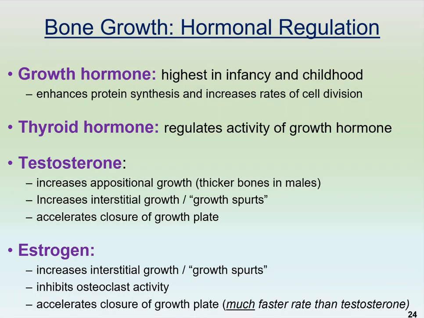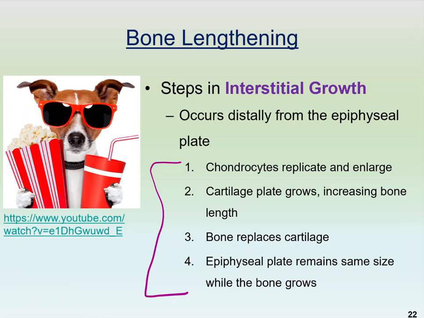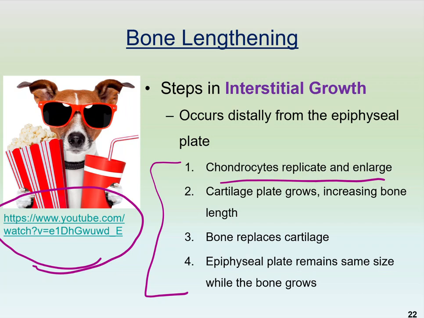Here, this video that I mentioned before does a really great job explaining this, and this is laying out those steps that I just talked about. So first, your chondrocytes replicate and enlarge in that proliferating zone. The cartilage plates grow, increasing the bone length, and they grow towards the diaphysis.